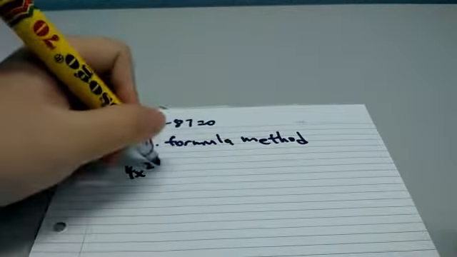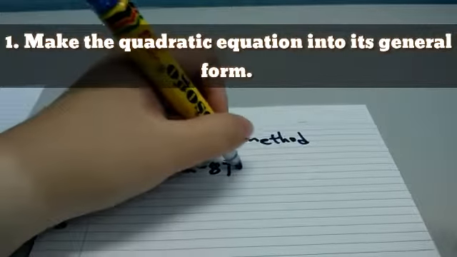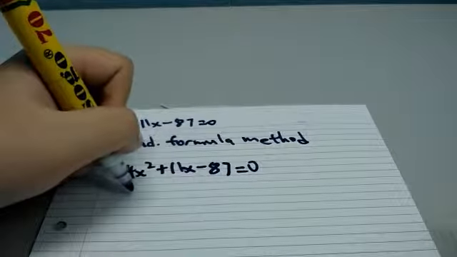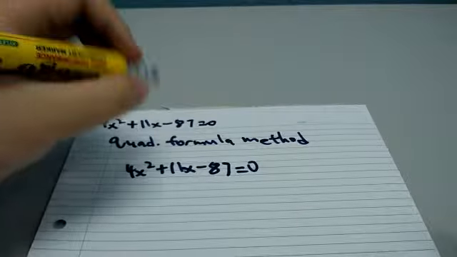So we have 4x squared plus 11x minus 87 is equal to 0, and then we are going to substitute the coefficient values.